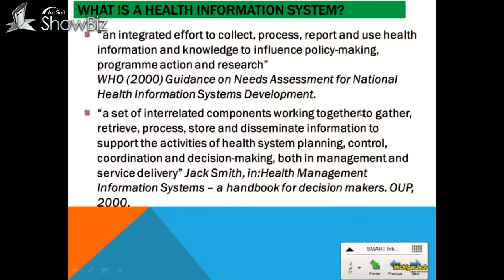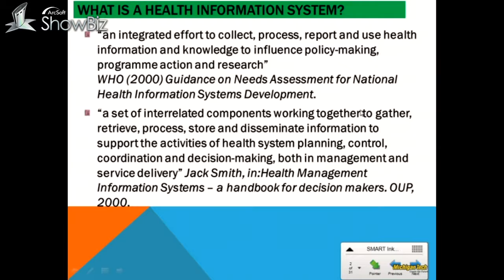For example, in the handbook for decision makers, edited by Jack Smith, they defined the health information system as a set of interrelated components working together to get, retrieve, process, store, and disseminate information to support the activities of health system planning, control, coordination, and decision making, both in management and service delivery.